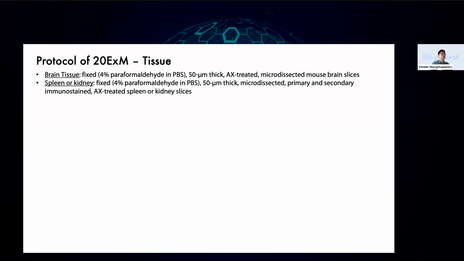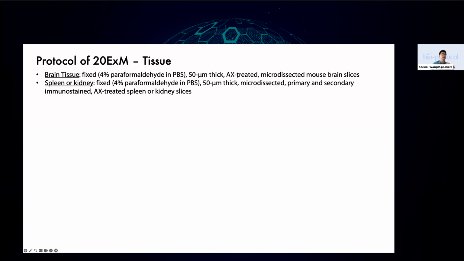But other than that, it's very similar: thickness, fixation method, anchoring method. So with the brain tissue, once you perfuse it with 4% PFA, slice it into 50 micron. We've also done 100 micron if you want slightly thicker tissue, but we haven't tested tissue thicker than that.